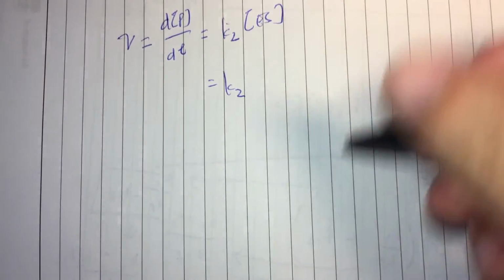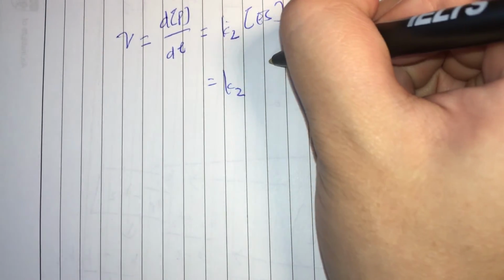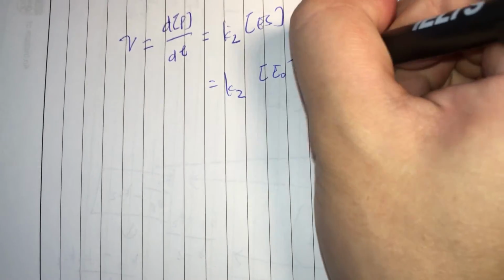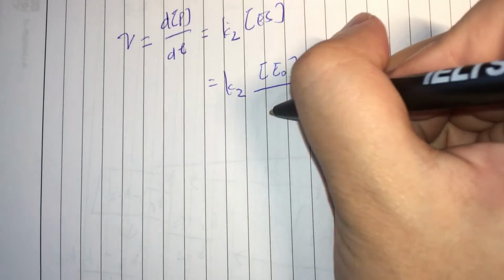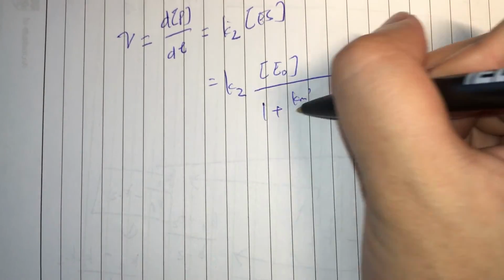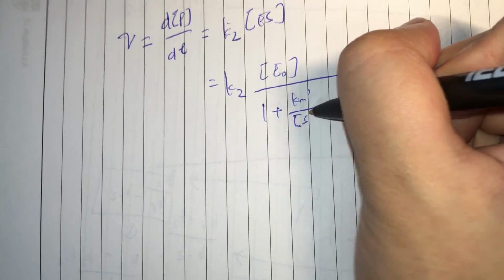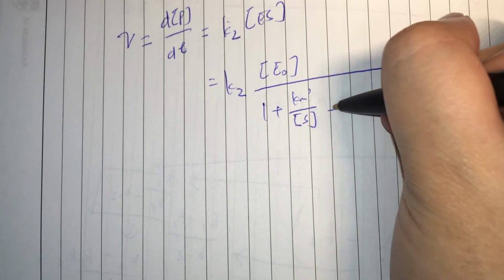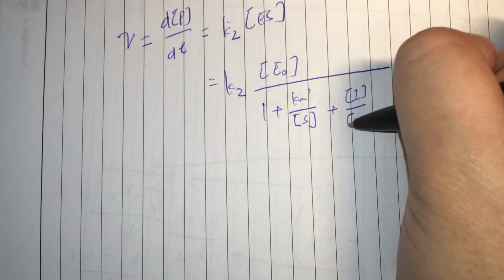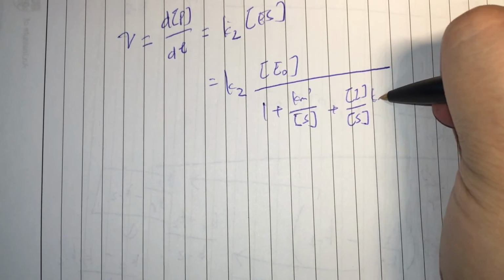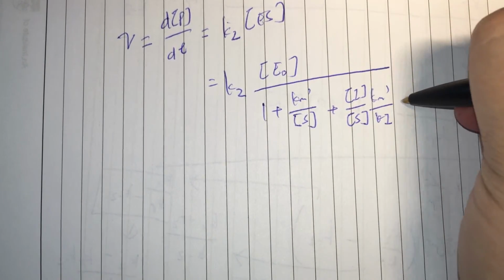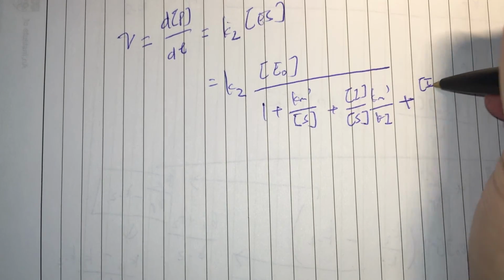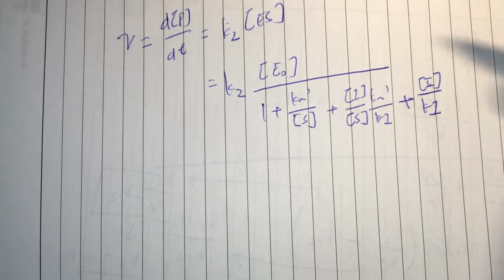And let's have that ES replaced with something we already just did. So it's E naught over 1 plus Km prime over the S plus I over S Km prime over Ki plus the last one I over Ki.